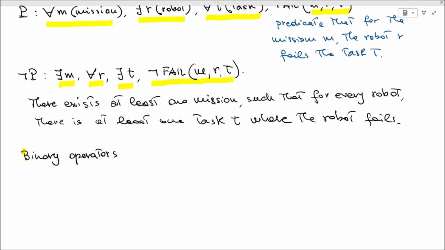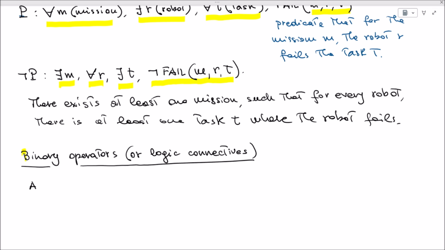For that reason, they are also called logic connectives. Now, the most important logic connectives are AND, which is represented by this symbol, and OR, represented by this symbol.